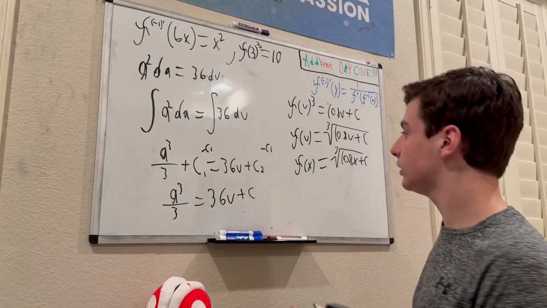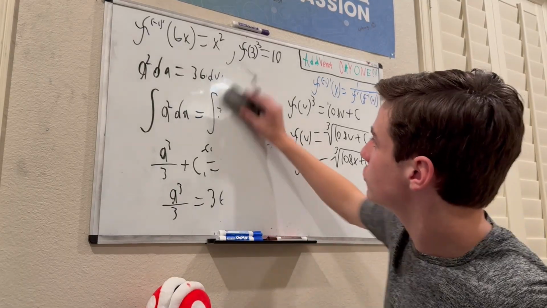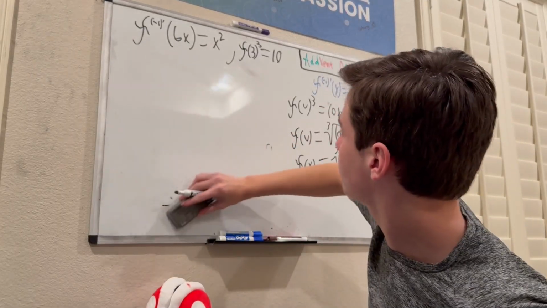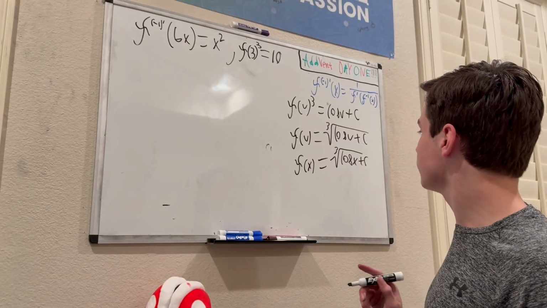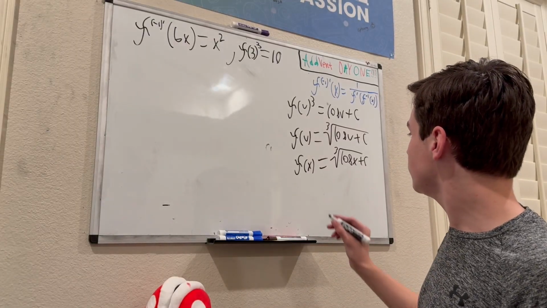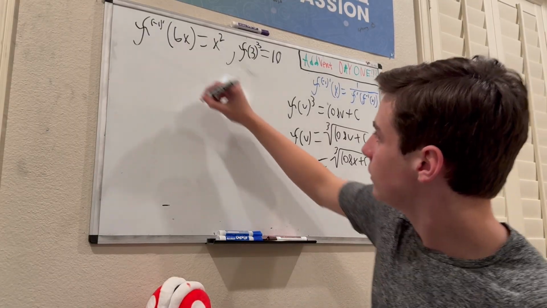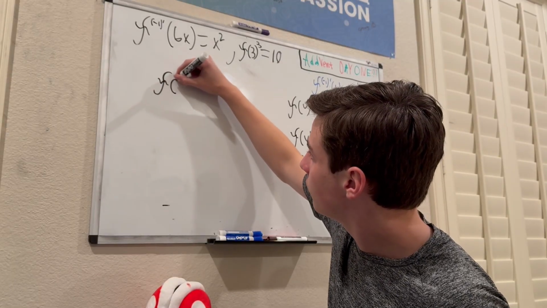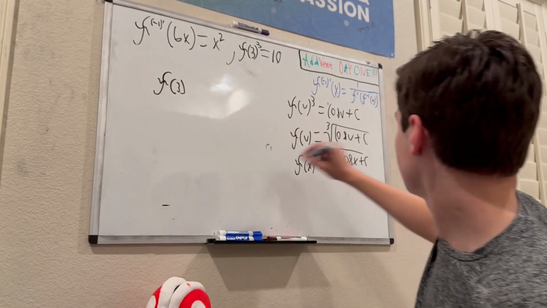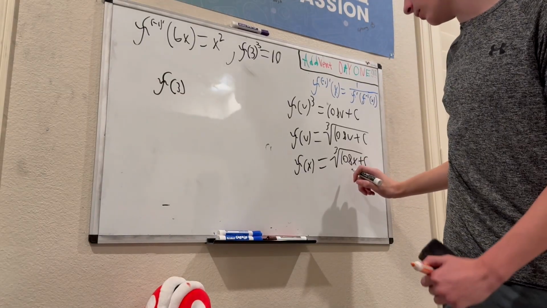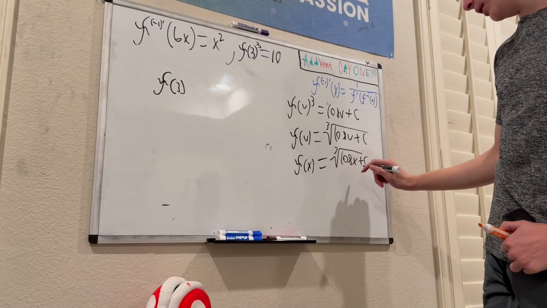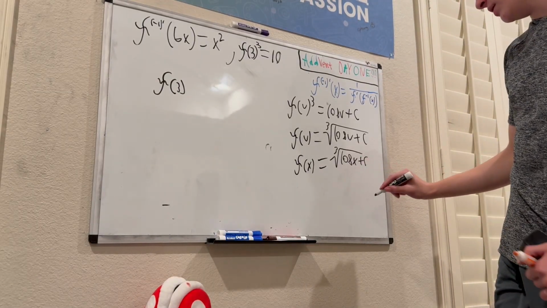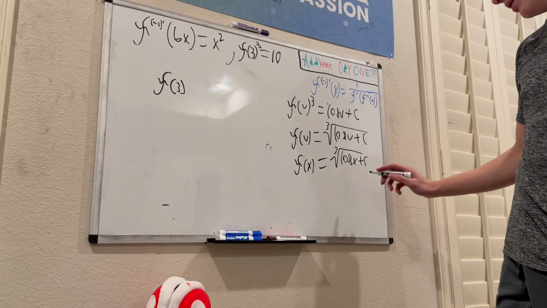And now we'll use our initial condition that f of 3 cubed equals 10. So what we can do is plug in our 3 cubed, which is going to be equal to this thing right here with a 3 plugged in, which is going to be the same thing as 324.